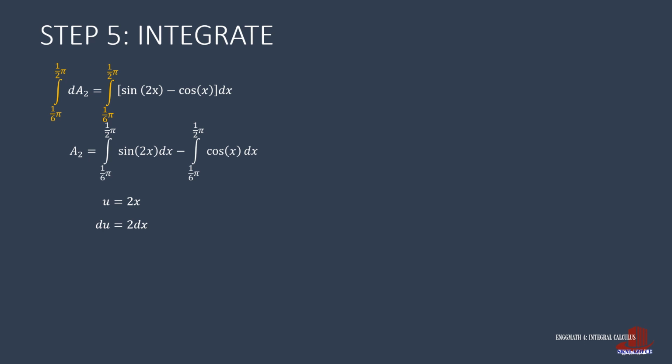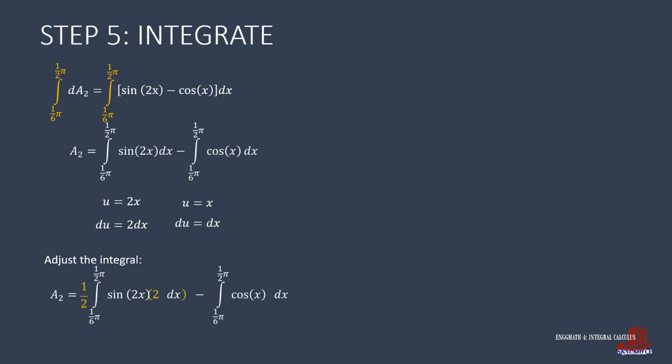The second integral has u of x, and its du is dx. The first term needs a little adjusting. To have a derivative of 2 dx, we multiply 2 with dx and balance it out by placing 1/2 before the integrand. Integrate the equation to have a2 as negative half of cosine of 2x from 1/2 pi to 1/6 of pi minus sine of x with the same limits.